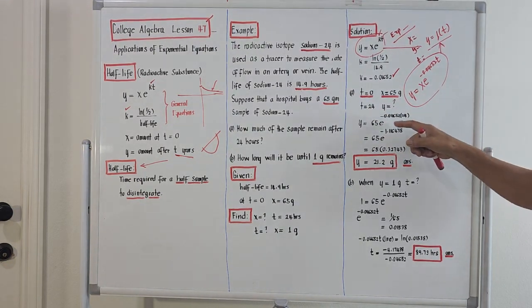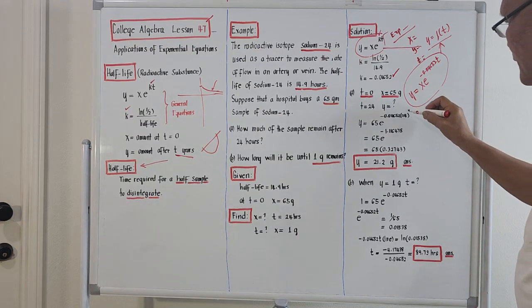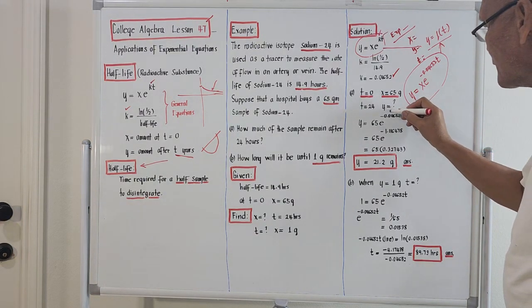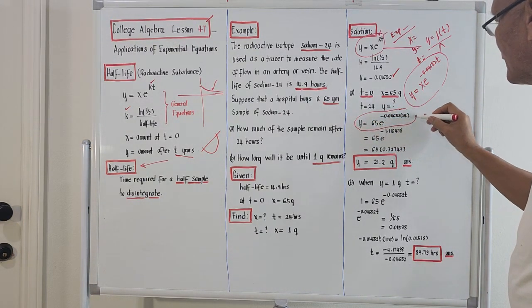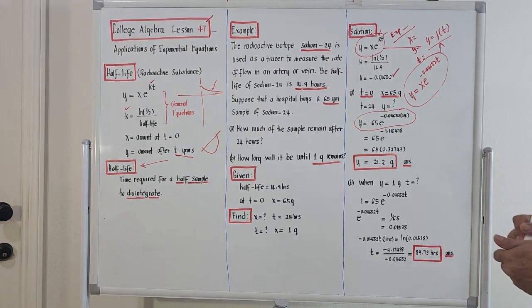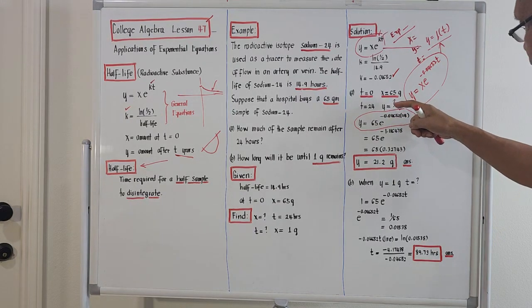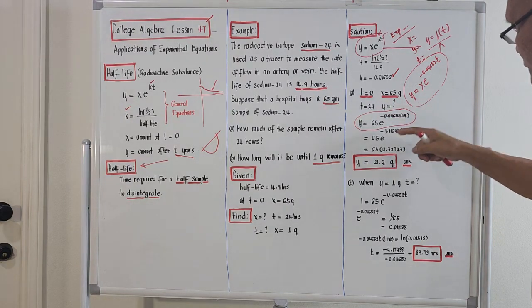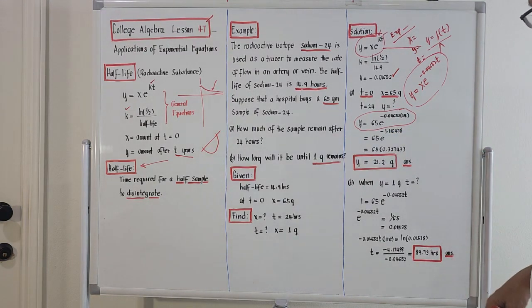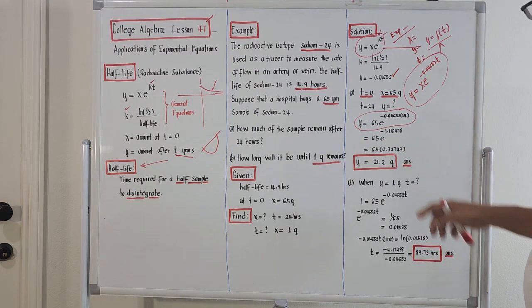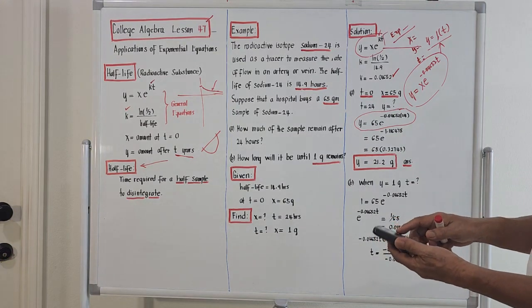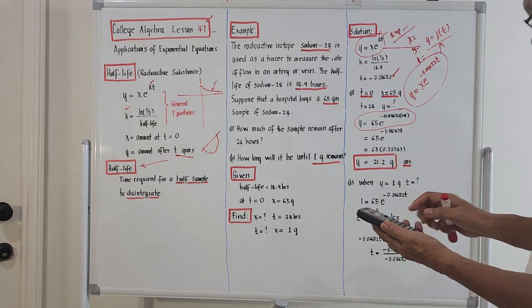This is an exponential equation. If we multiply negative 0.04652 times 24, this is negative 1.16478. To compute the value of this, you should know your calculator.